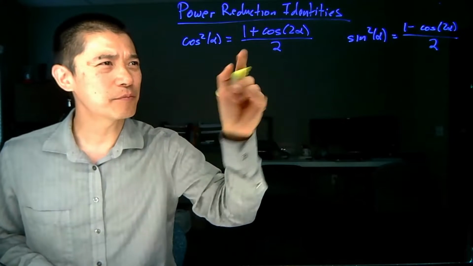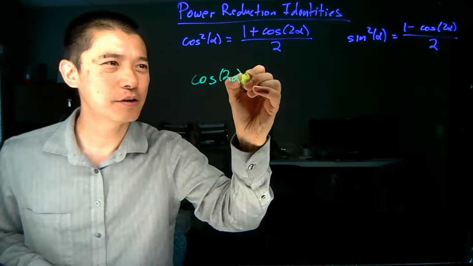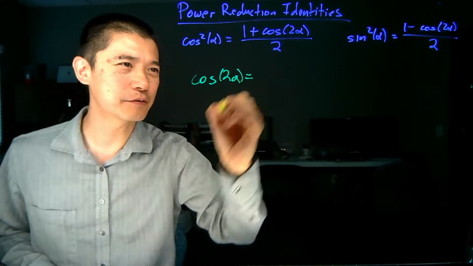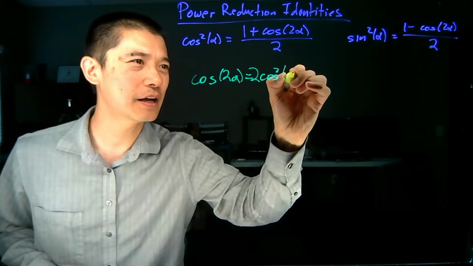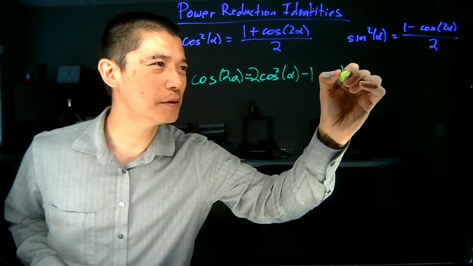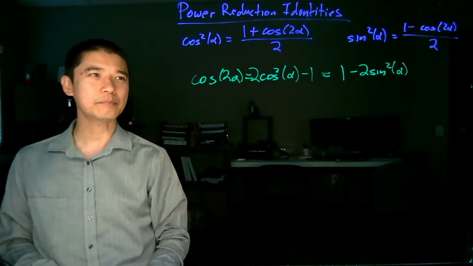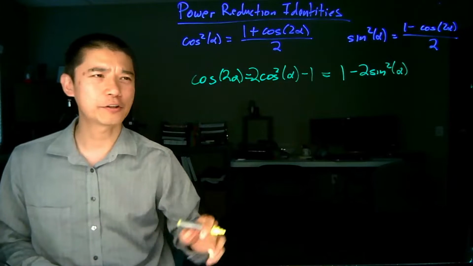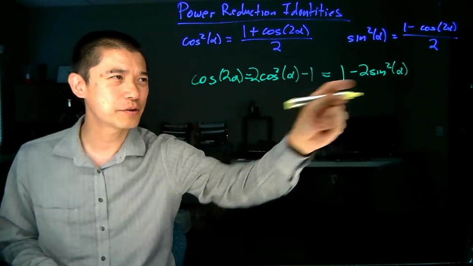So where does this come from? Well, the big hint is the cosine 2 alpha term. Cosine of 2 alpha. We have our formulas. One of them says that this is 2 cosine squared alpha minus 1. And the other one says that this is 1 minus 2 sine squared alpha. Your intuition is probably starting to kick in. All we need to do is take these equations and solve for either cosine squared or sine squared.